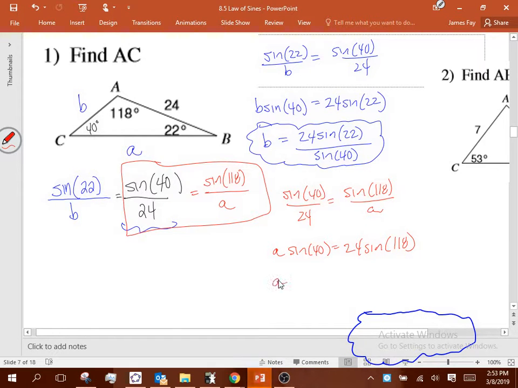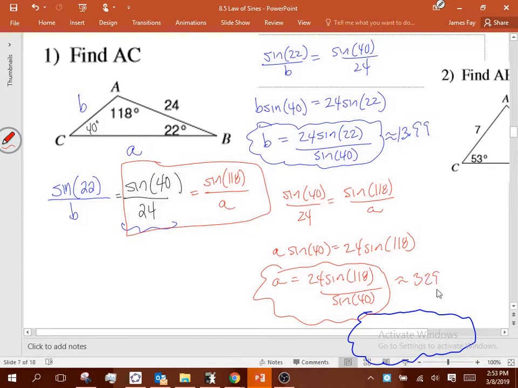So divide by it on both sides, and you'll be left with 24 sine of 118 over sine of 40. What did you guys come up with? If you got those, what were the values for B? 13.99 and A? Okay, those numbers sound accurate from what we found today in previous classes. Okay, is that pretty straightforward how we do that?